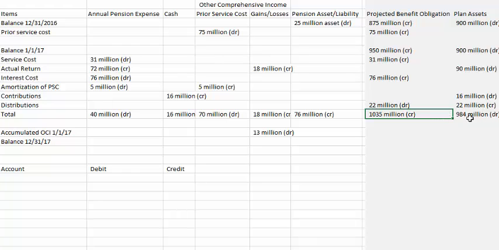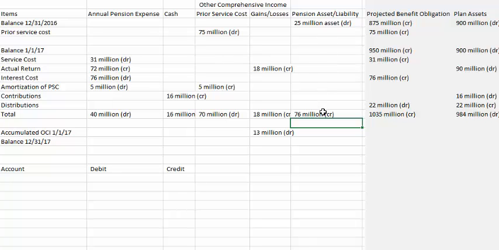Okay, so now what should happen here is we see the difference. If you were to subtract these two, you can see we have a PBO. Our obligation is bigger than our assets, so we owe more in the future than we currently have on hand. So we're short, we have a liability, we don't have enough stored away. The difference between these two, if you did the math, is $51 million. And it just so happens that the beginning pension asset liability account had a $25 million debit balance.